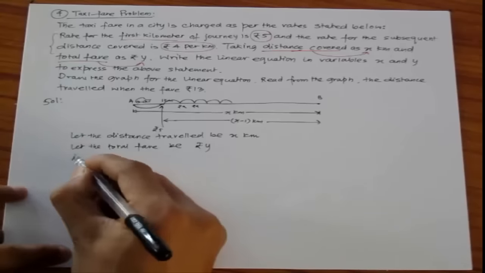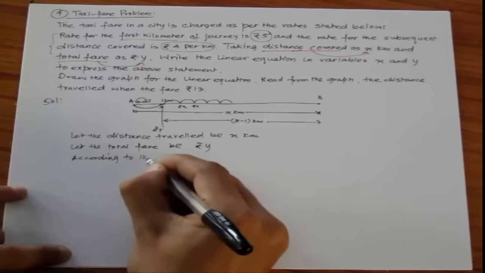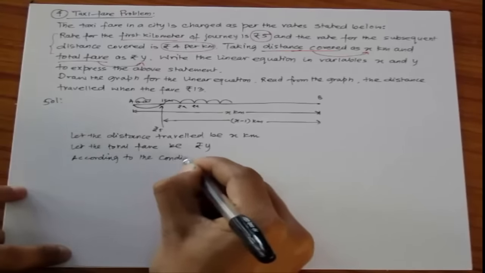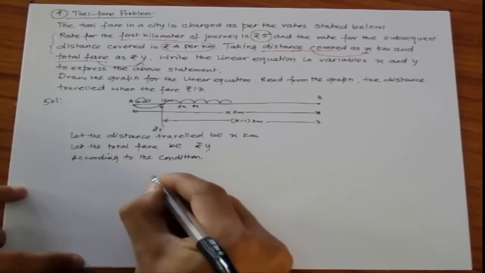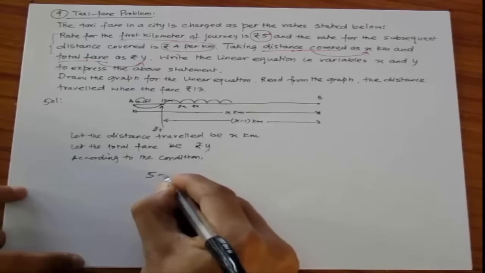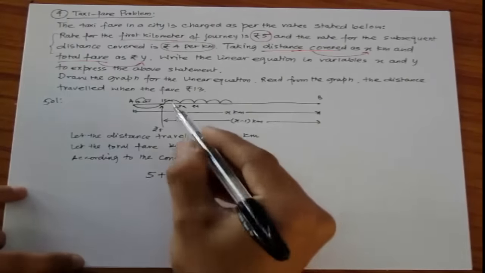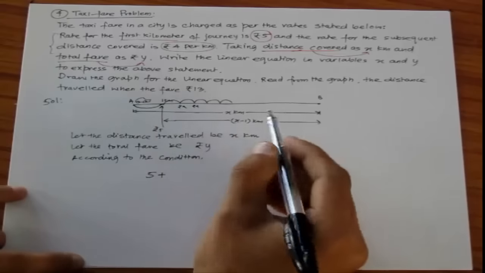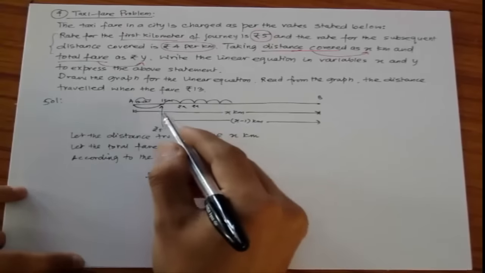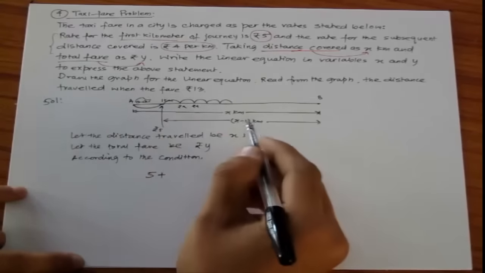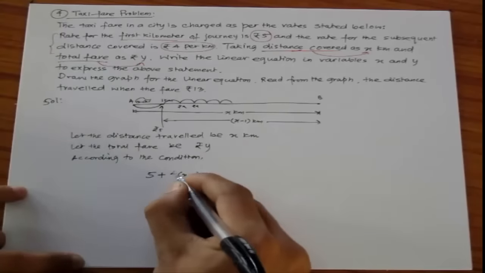Okay, so according to the question, according to the condition, how do we pay the taxi fare? For the first kilometer we are going to pay ₹5, and then for each remaining kilometer we are going to pay ₹4. So how much distance is left? My total distance is x kilometer and 1 kilometer is covered, so the remaining distance is x minus 1. So for each remaining kilometer we are going to pay ₹4.